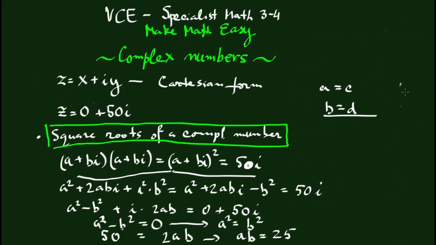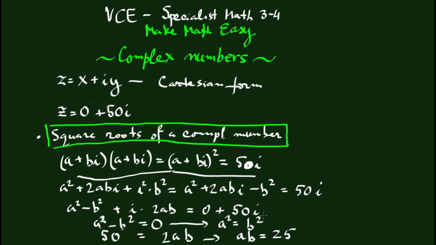That's about the equality of complex numbers: only if the real part equals real and the imaginary equals imaginary.